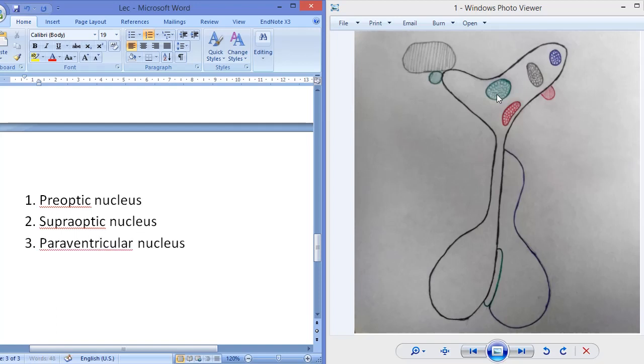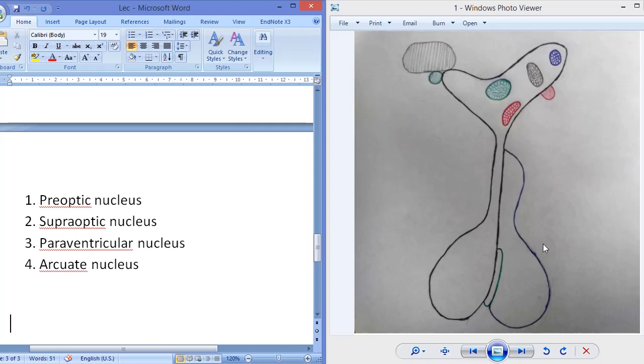You do not need to memorize their names; you can deduce them from their location. This nucleus is present at the lower portion of the arc of the hypothalamus, which is why it is called the arcuate nucleus. So the preoptic, paraventricular, and arcuate nuclei are responsible for the supervision of the adenohypophysis.